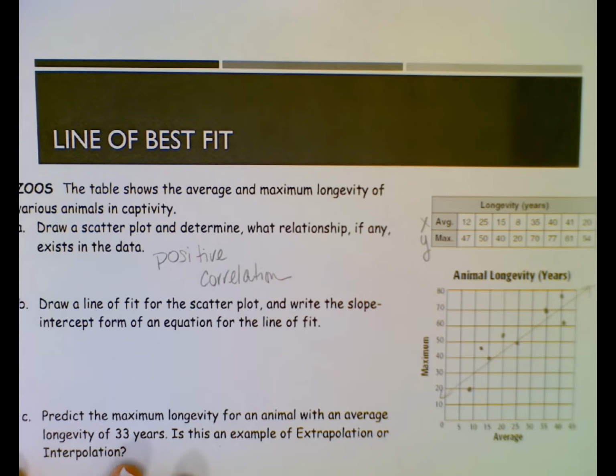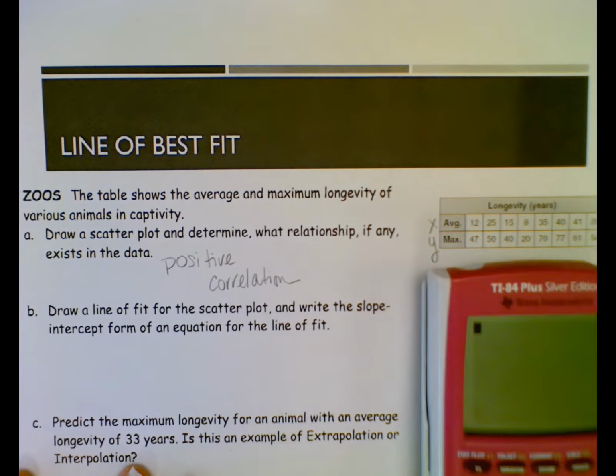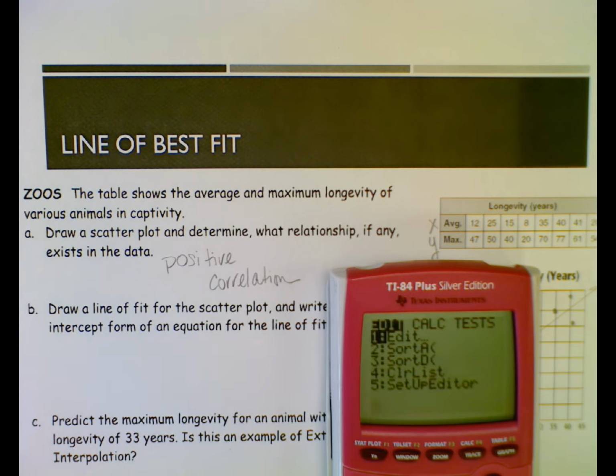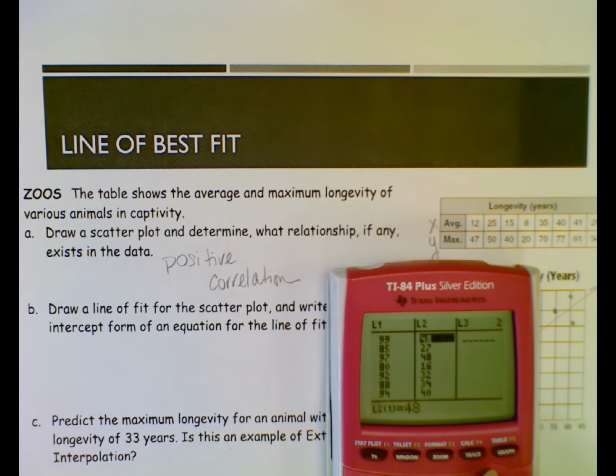Now, to get the line of best fit, we have to use our graphing calculators. Remember, we're going to go to Stat, Edit, and first, if there's any information in your list, you need to clear your list, and then enter in your x and y values from your table. And then arrow over.